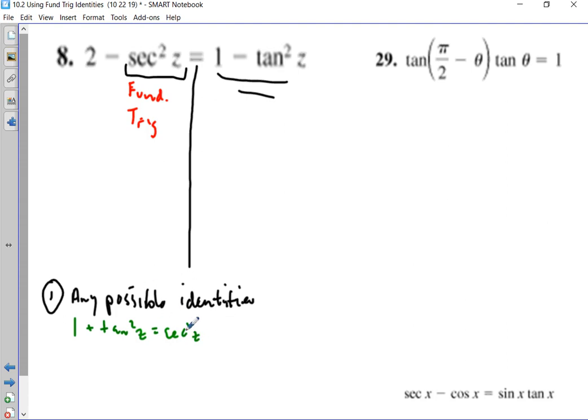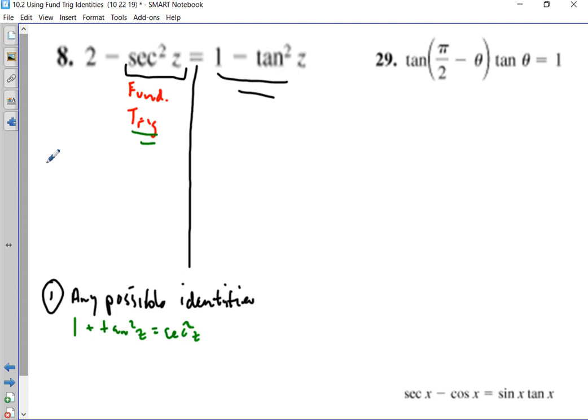So secant squared is going to be 1 plus tangent squared. That's one of the fundamental trig identities, and the one thing we can look for right here.